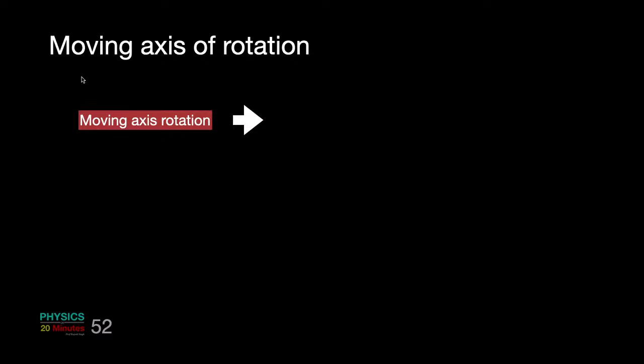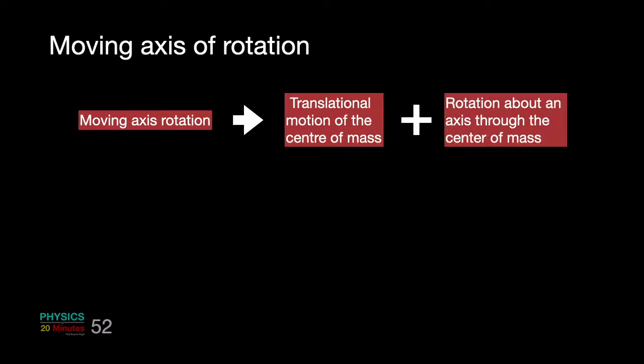Any moving axis rotation can be seen as a combination of translational motion of the center of mass and rotation about an axis through the center of mass. So it can be seen as the combination of two motions.